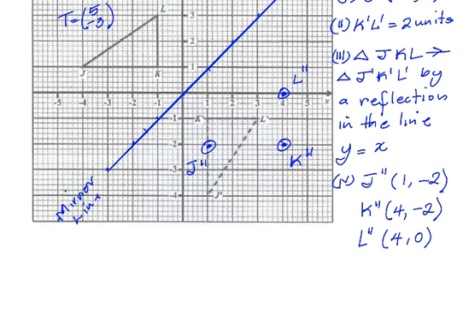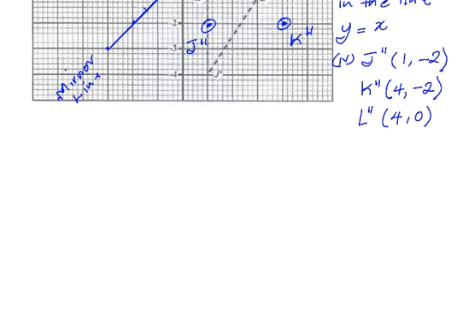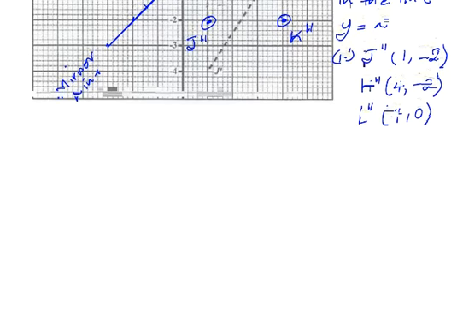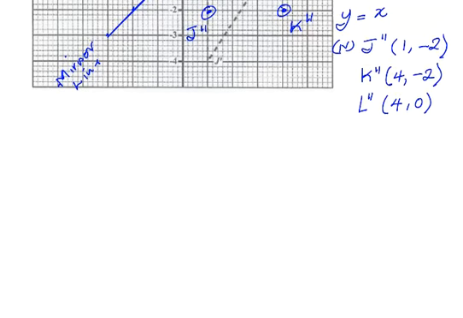All right, another way we could probably approach this is that we could use the matrix equation of transformation, which technically would be that J double prime, K double prime, L double prime would be J, K, L plus T. Or you could say J double prime is what?